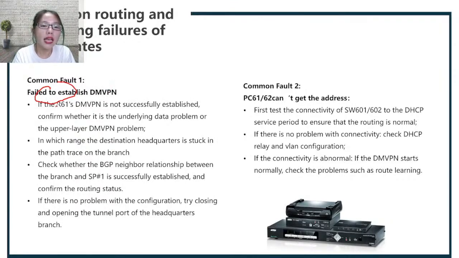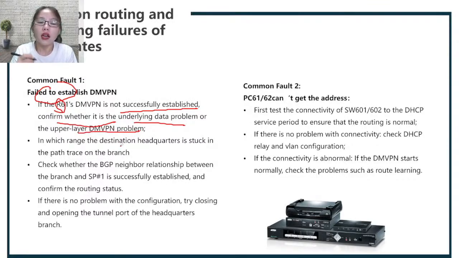For example, if on router 61 the DMVPN is not successfully established, you should confirm whether it is an underlay data problem or an upper-layer DMVPN problem, in which the destination headquarters is stuck in the path trace on the branch.